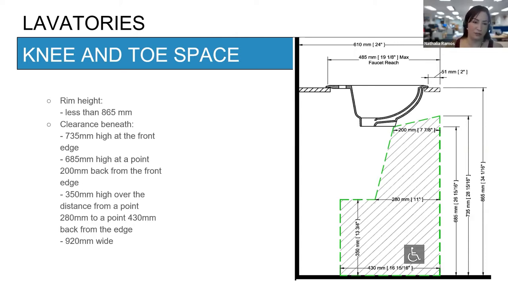You have the basic dimensions here: the rim height has to be less than 865, and all the other dimensions here. We have this rule, as I said, and you can always reach out to us. Almost all of the American Standard sinks are already verified, so you can reach out and we can help you show whether it is compliant or not.